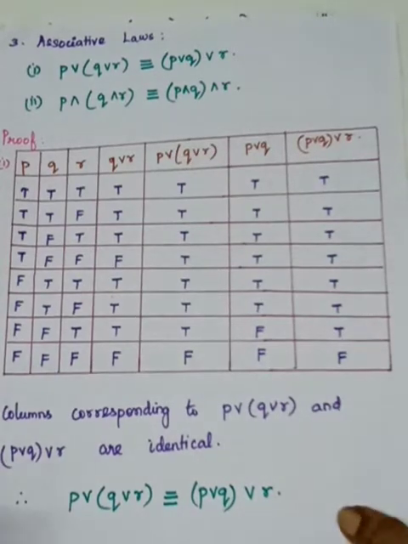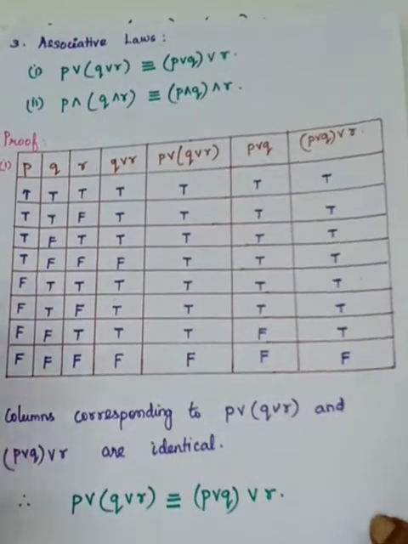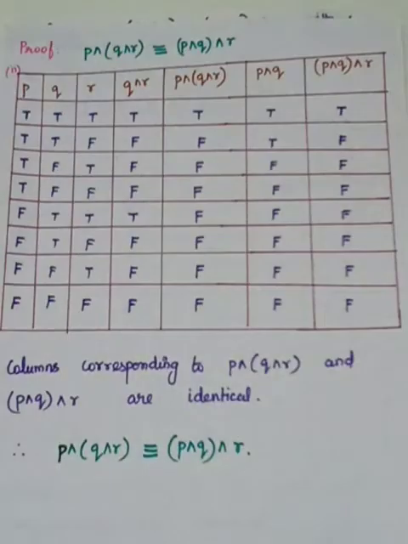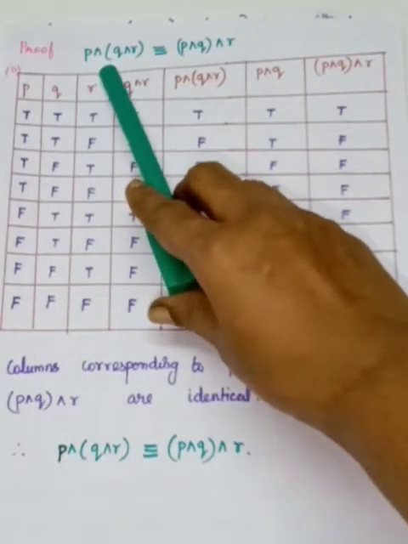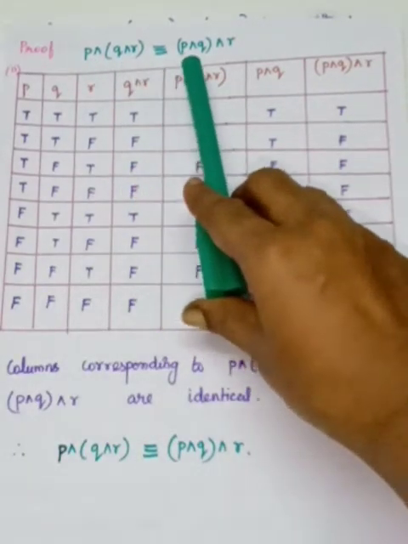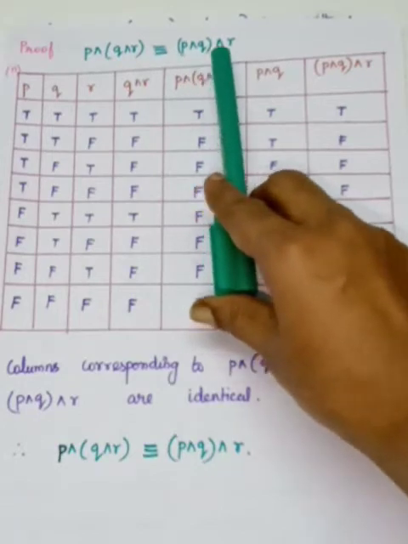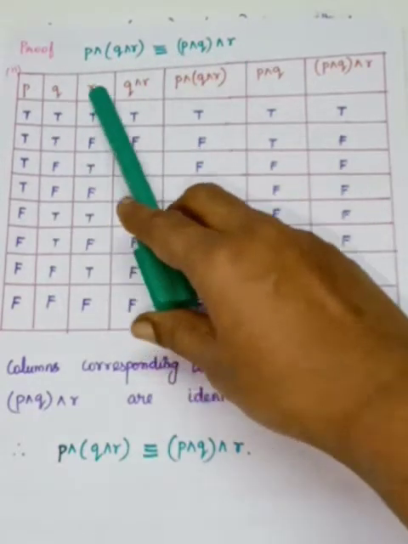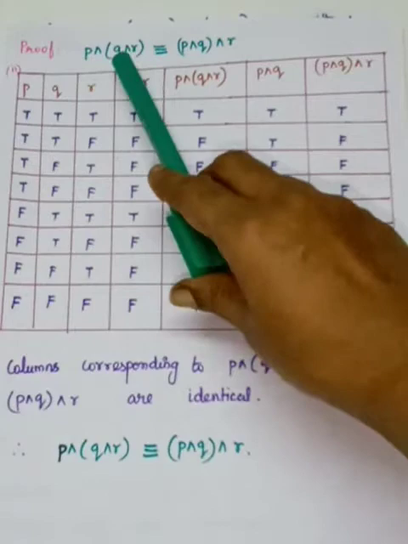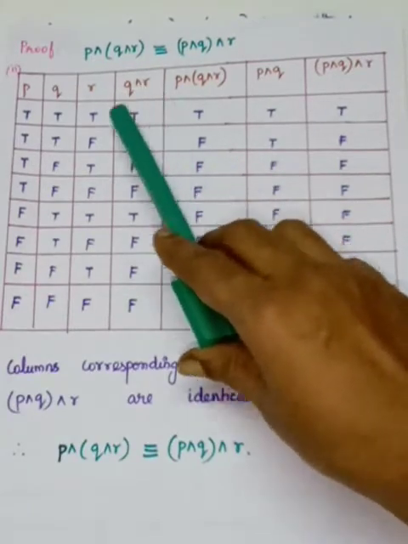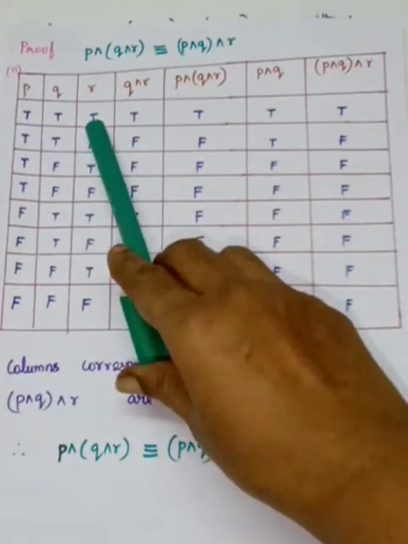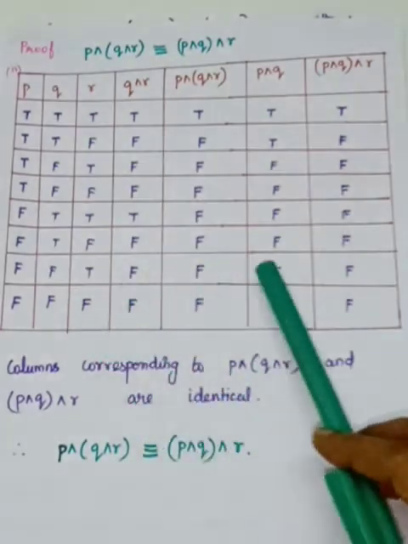Okay, in the same way we are going to use and. The same thing using the connective and is also called the associative law. You see that P and (Q and R) is logically equivalent to (P and Q) and R. So for P and (Q and R), the term in the bracket is Q and R. For Q and R, you have to concentrate on the second and the third column.